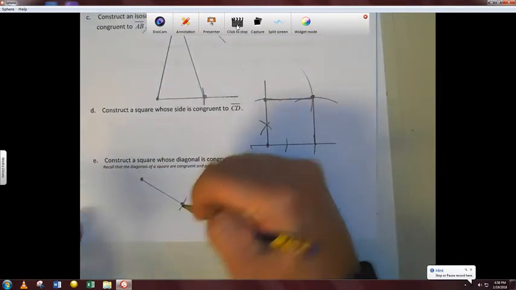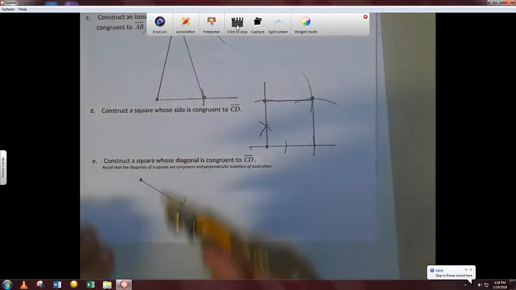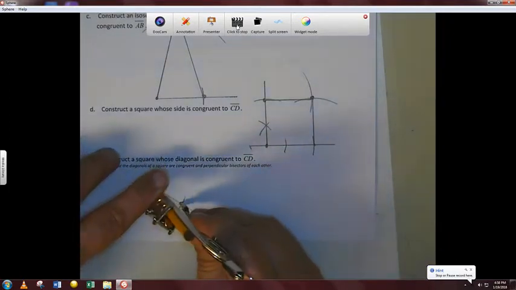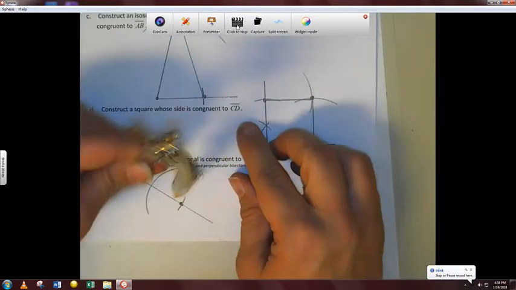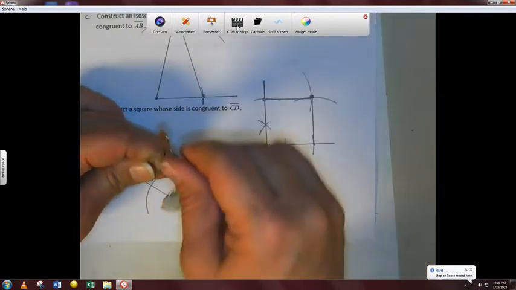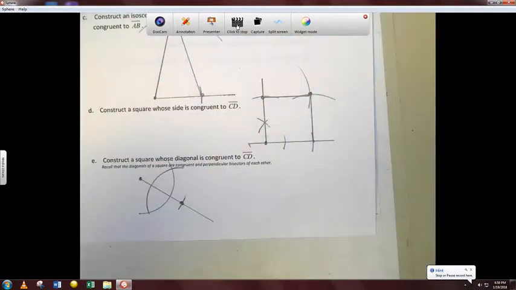Now, one of the things that I know about the diagonals of a square is that they are perpendicular bisectors of each other. So I'm going to make a football to find the perpendicular bisector of the first diagonal that I drew.